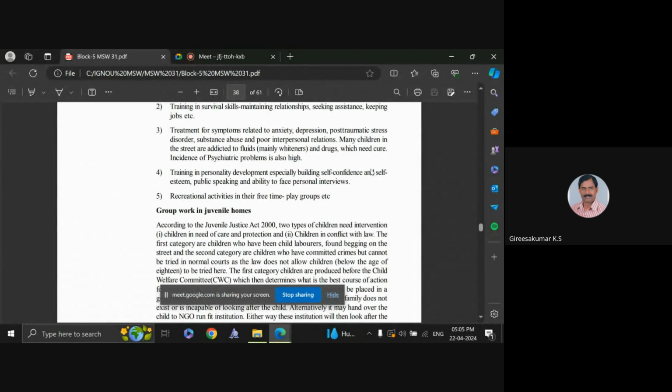Then group work in juvenile homes. Juvenile homes are there, and the work of the social workers there is very effective because of the integration, involvement and work.